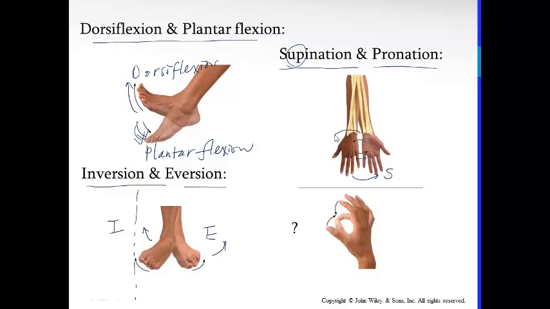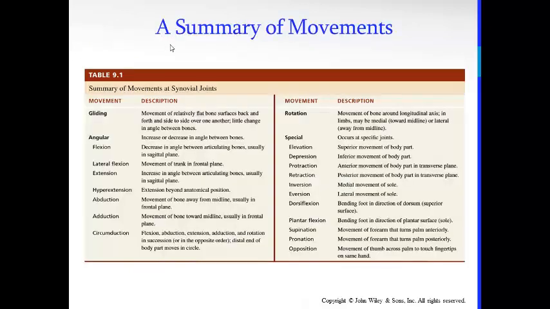When you're turning downwards, this is pronation. And when you do the OK sign with any of your fingers, this is opposition. Okay, very good. So now you see a summary of the movements. Make sure you know how each one of them is described, and you can actually practice this at home.